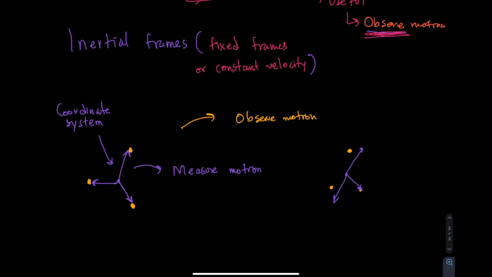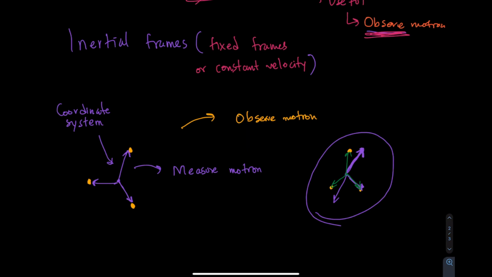We normally, for convenience, would have drawn our coordinate system like this, but there's no restriction on drawing it like this. You could also do that because the 3 dots are just to say, hey, this is something fixed, and the arrows or vectors are to measure motion along those directions. You could define it like that, or do what I did before and define it like this. So you can have infinite ways to define a coordinate system using this reference frame.